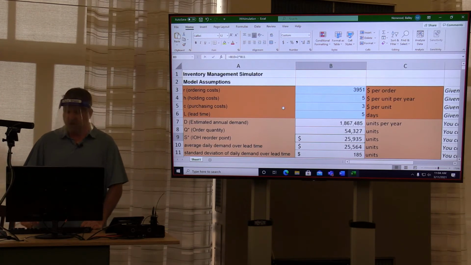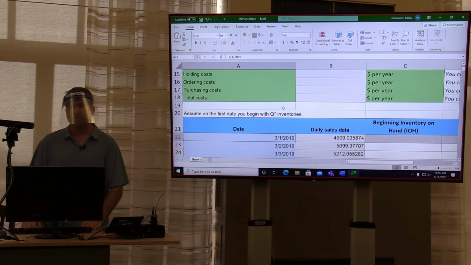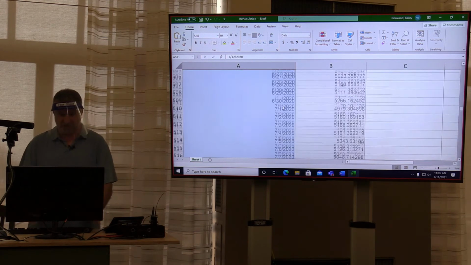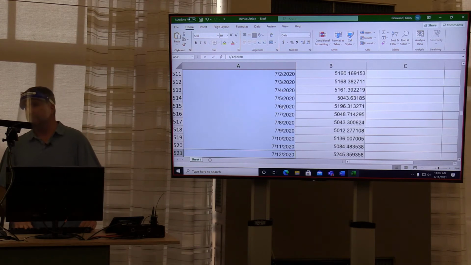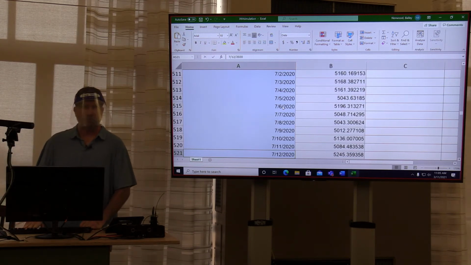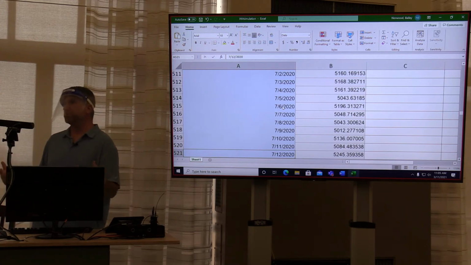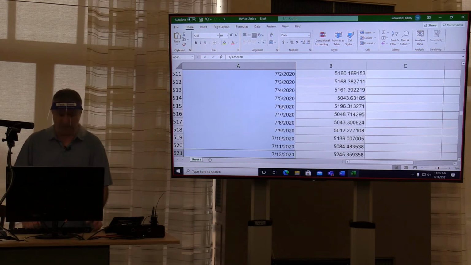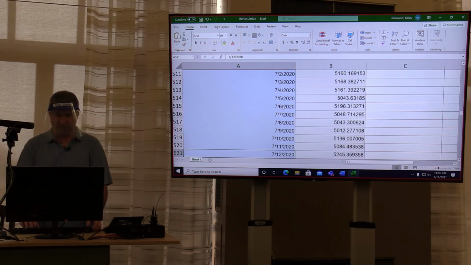And we're going to do a simulation to say, what if we followed that rule from March 1st, 2019 to July 12th, 2020? How well would that rule have worked? And then we can compare it with other rules. But all you need to do for the assignment is just say, how well would the rule have worked? Then it'll be obvious how you might be able to change it with other rules.